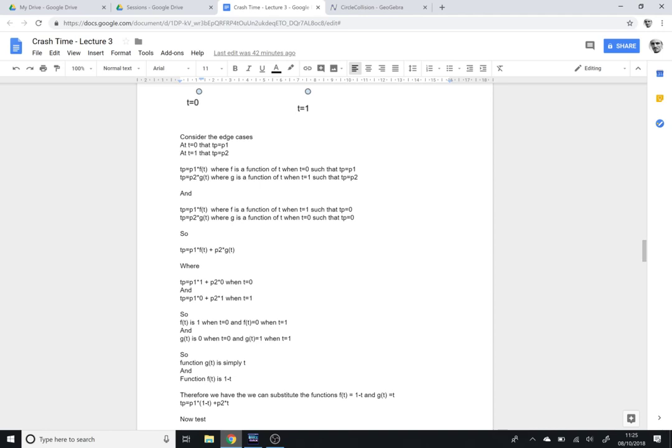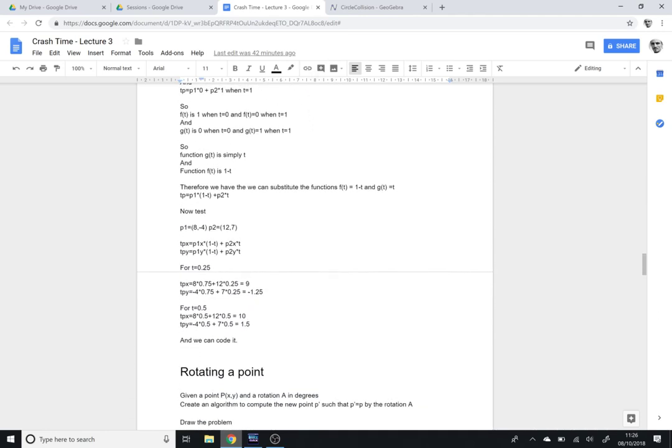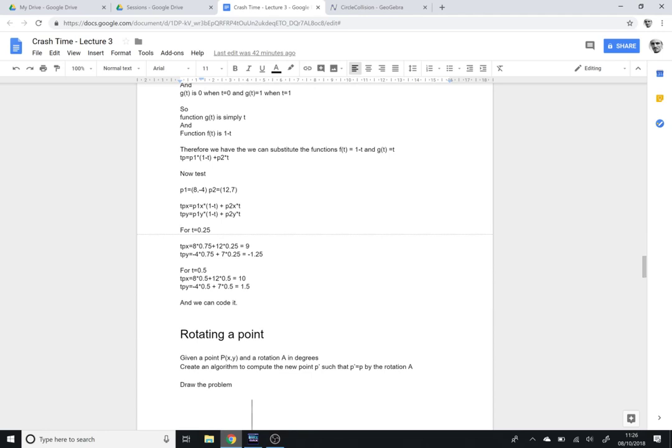So we can say that the function for g(t) is simply t. And the function for f(t) is 1 minus t. So we substitute those functions in. Our substitution gives the final formula: tp is p1 times (1 minus t) plus p2 times t.